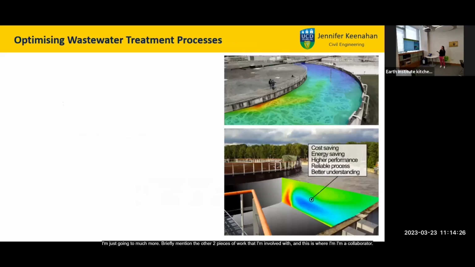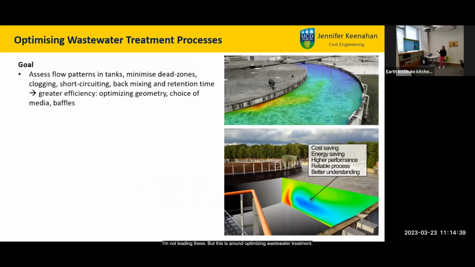So I'm just going to much more briefly mention the other two pieces of work that I'm involved with. And this is where I'm a collaborator. I'm not leading these, but this is around optimizing wastewater treatment processes.